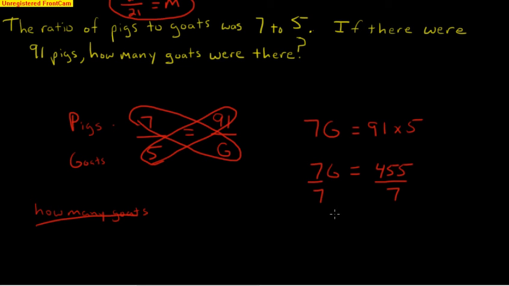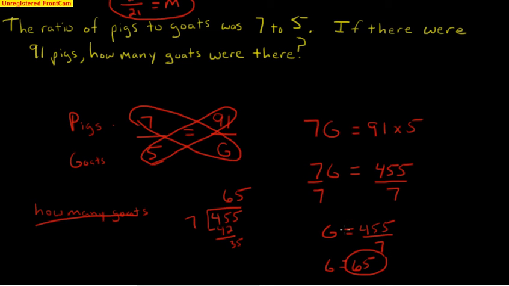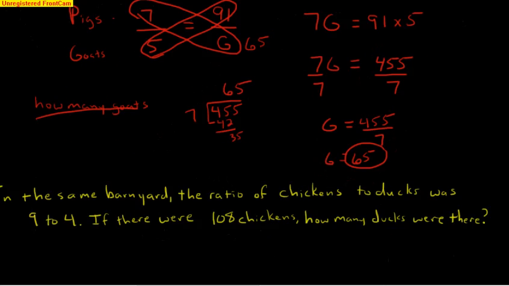Inverse operation of multiplication is division. G equals 455 over 7. And we're going to find out that that's going to be 65. 7 times 6 is 42. G equals 65. There would be 65 goats if there were 91 pigs. We would expect there to be more pigs than goats because that's what the ratio indicates, and that's what there is here.